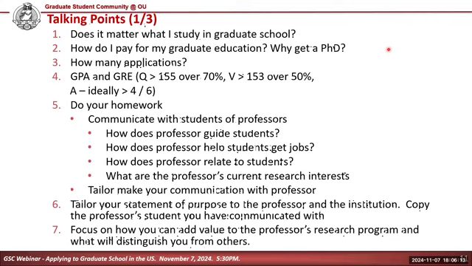The GPA: the higher the GPA, the better your chances of getting financial support and admission. Typically, if you have a GPA of 3.5 and above, the chances of getting admission at a top school are good. If you have a GPA of 3.7 and above, the chances of getting admission with financial support are good at a top institution.